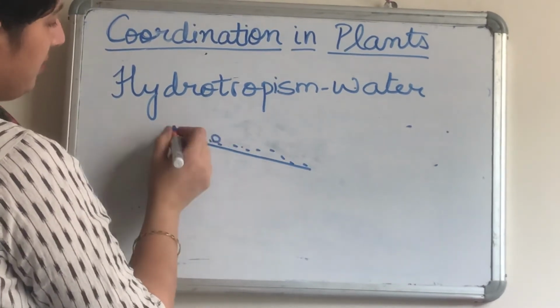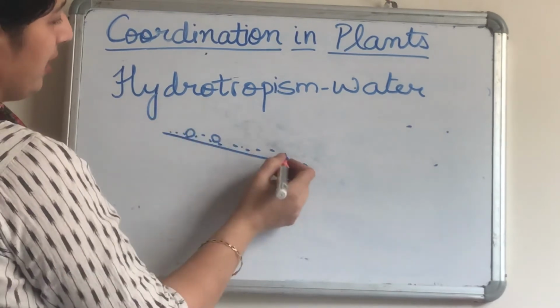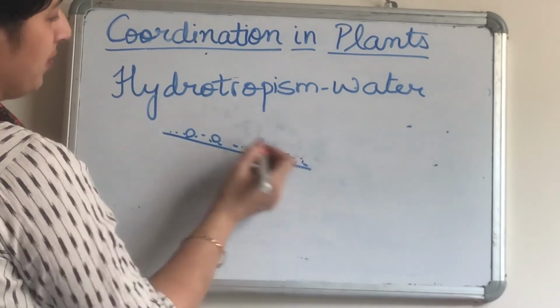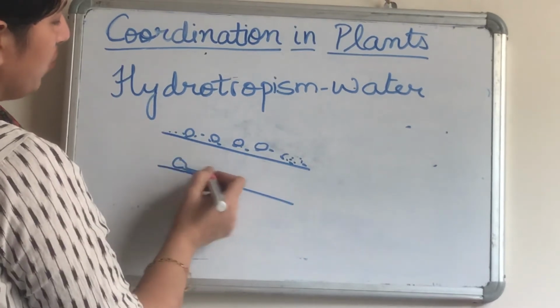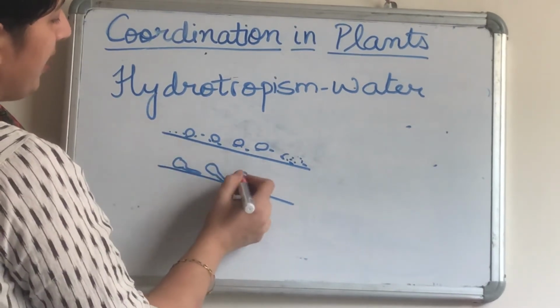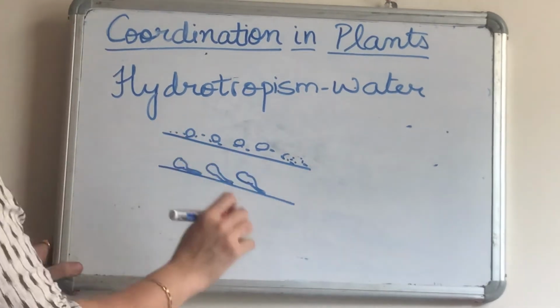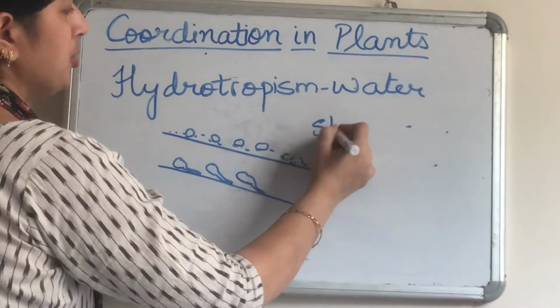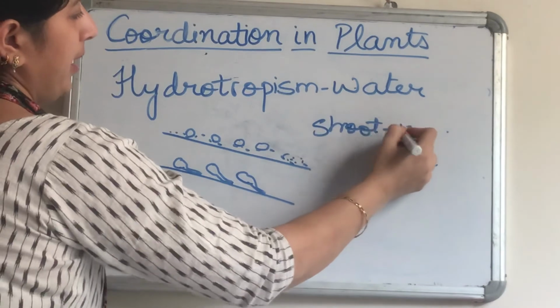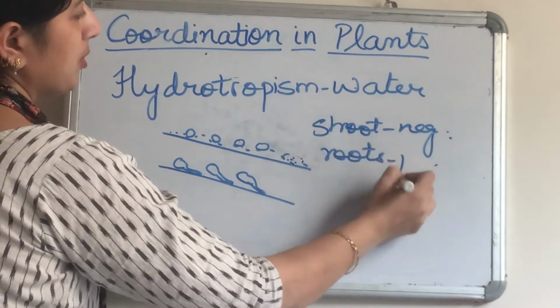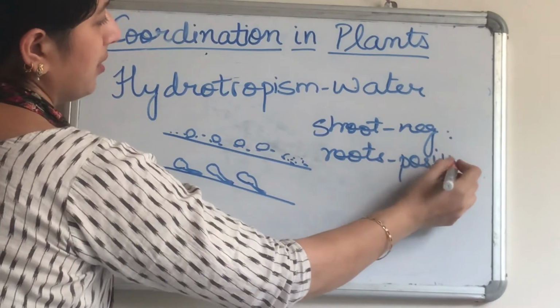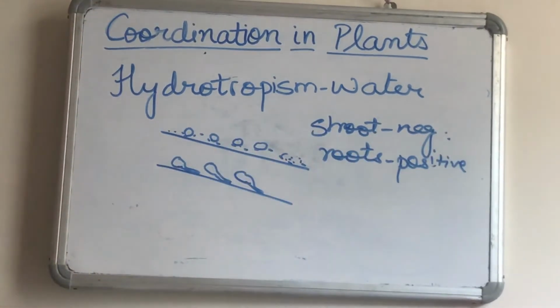Then you water it, and the water will of course accumulate on the lower side. When you grow the seeds in it, after some time we will see the roots of the seeds bending toward the side where there is more water. So again you can say shoots are negatively hydrotropic, and roots are positively hydrotropic. So this is due to hydrotropism.